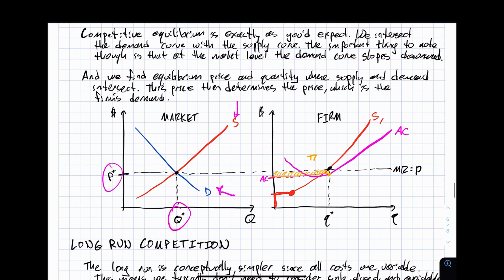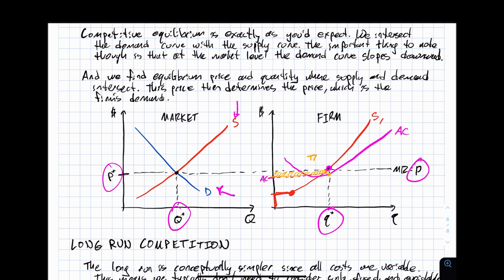Okay, and that's what gives us the price. So we get this sort of interlocking relationship between the market and the firm. The firm takes this price and chooses their quantity. And we typically denote the firm's quantity Q star and the market's with a big Q star.